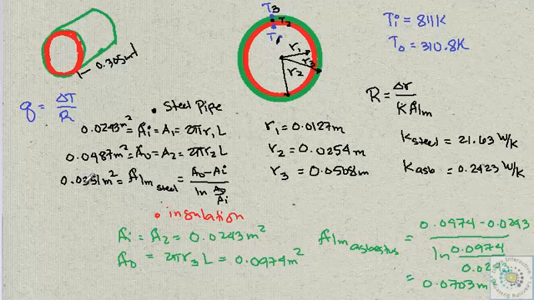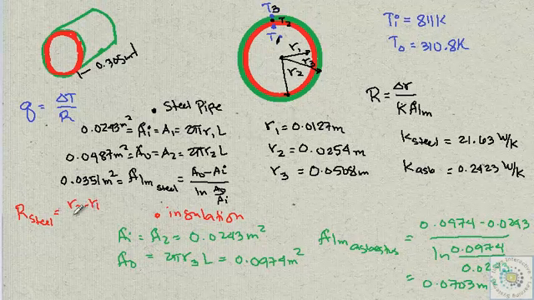Let's compute the resistance of the steel pipe and of this asbestos insulation. For the steel pipe, the resistance R is equal to delta R over K times the area log mean. What's delta R? The thickness of the pipe, R2 minus R1.